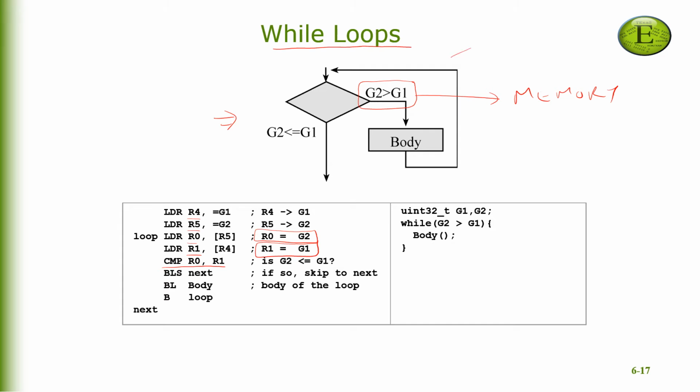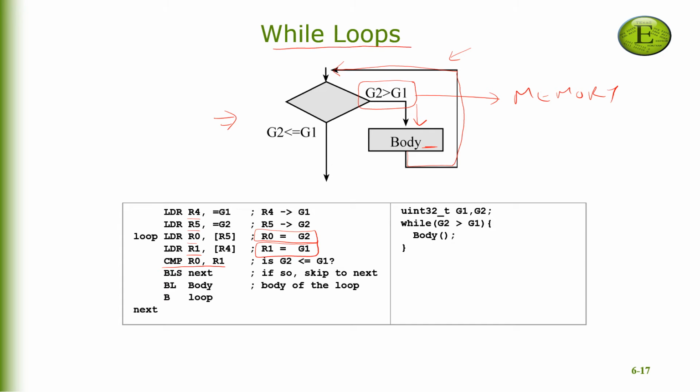Back to the pseudocode of the while loop. If G2 is greater than G1, then we are going to enter the body of the loop. And once the execution of the body is complete, we go back to check again if the while loop condition is true or false.